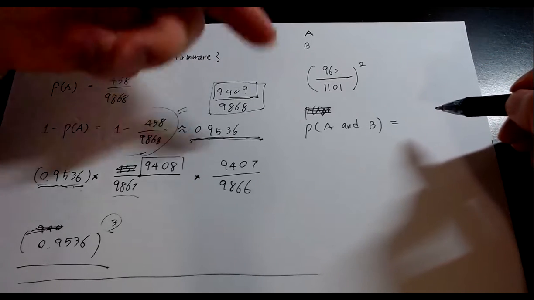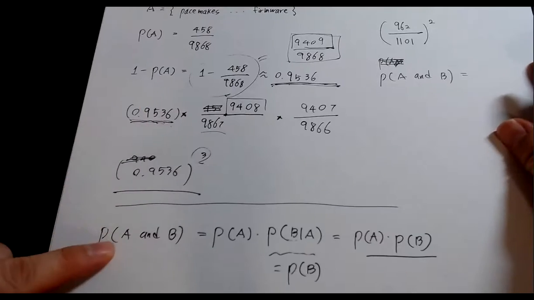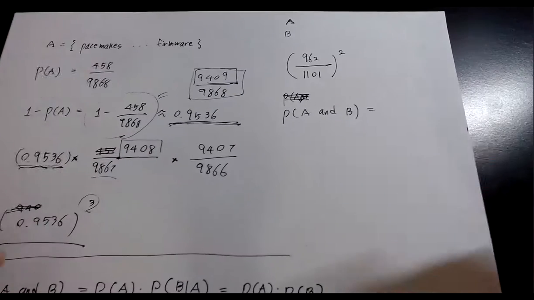Since replacement is allowed, that is equal to P of A times P of B.